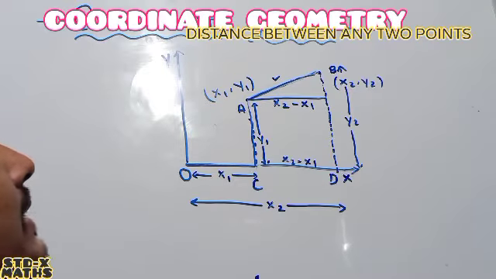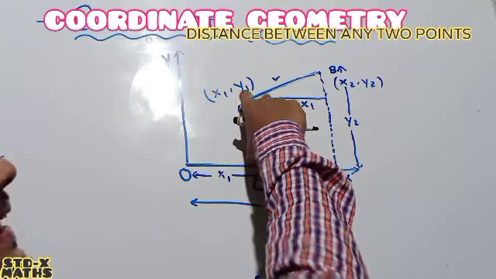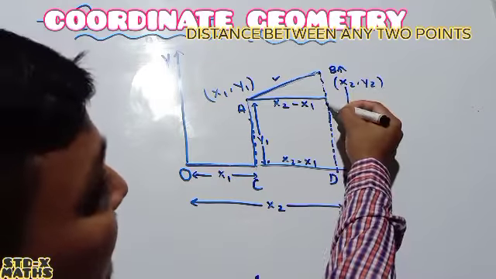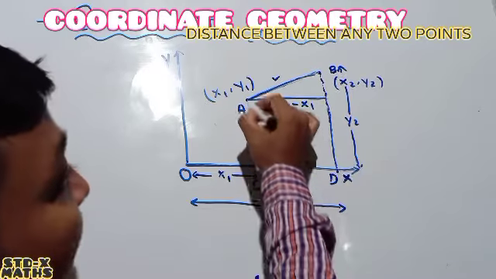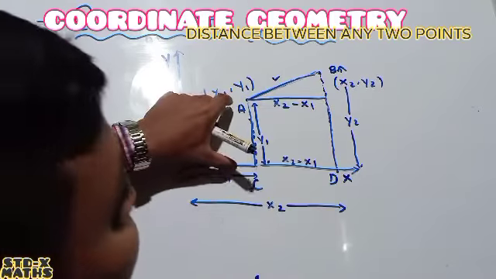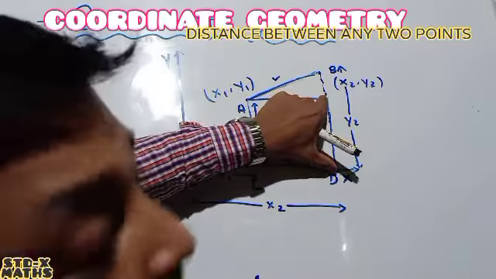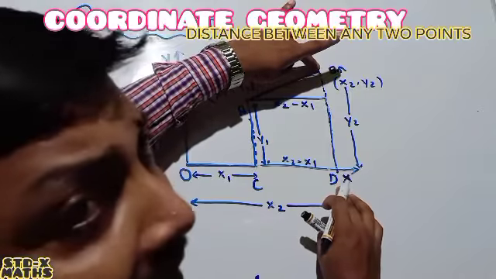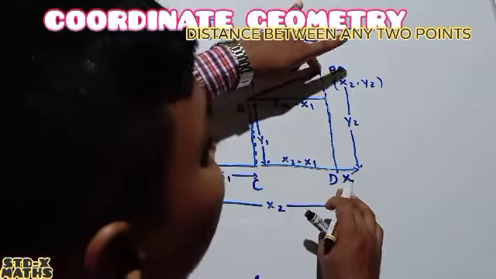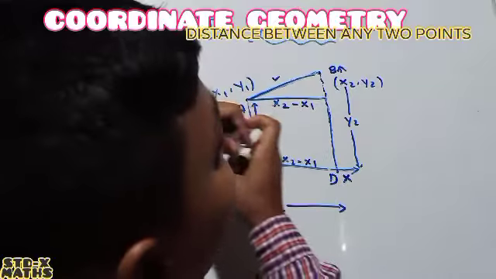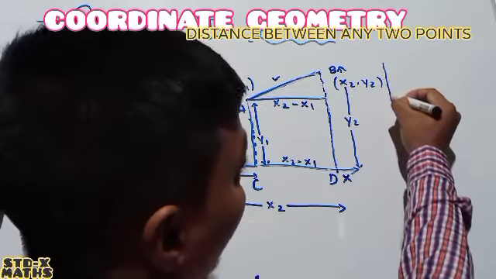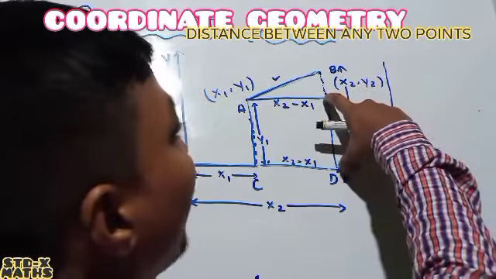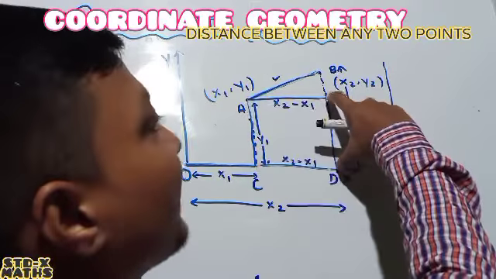Once again you have to see. This length is y2. Sorry, this one is our y1, so this length is also y1. This full length BD is y2, and this length is y1.